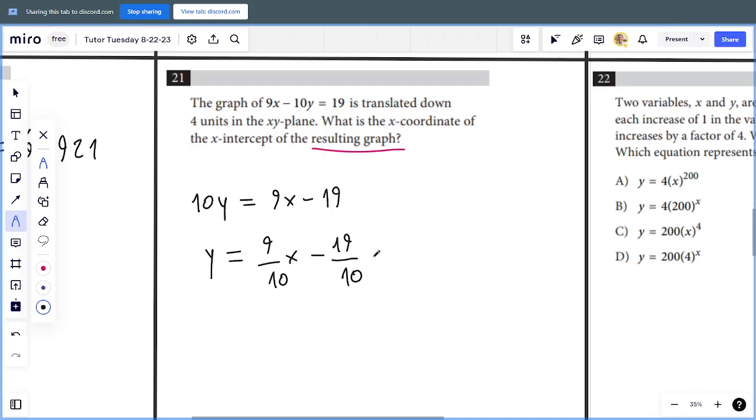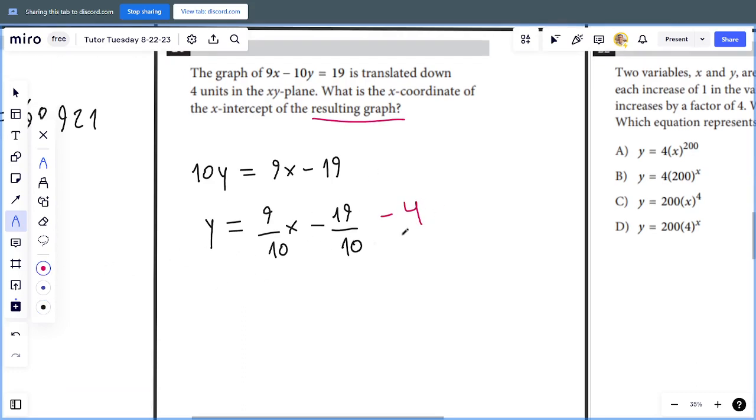Okay, so from here, we want to shift the whole graph down by 4 units. So what I do here is I could then subtract the 4, and we know that 4 is equal to 40 over 10. So really what we get is y equals 9/10 x minus 59 over 10.